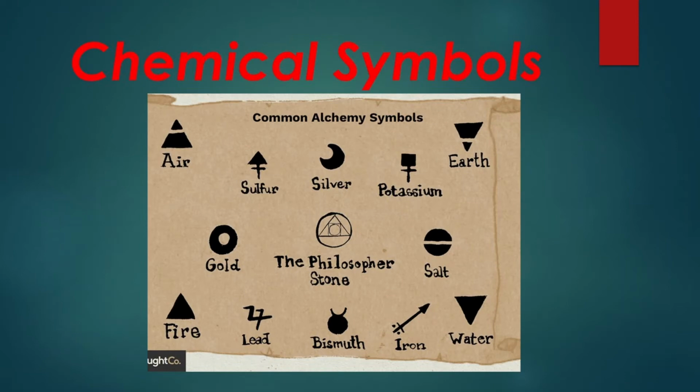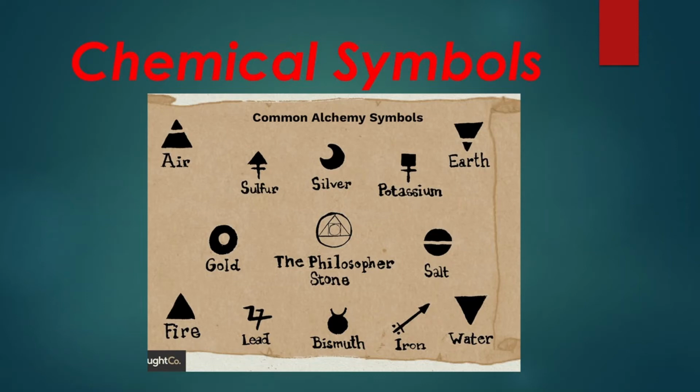We all know that chemistry is the study of chemicals, right? So many of the elements were discovered from time to time, and their chemical compositions and chemical reactions are studied here. It was difficult to write their full names, so instead of writing the full names, certain short forms were assigned to these elements, and those are called chemical symbols, right?